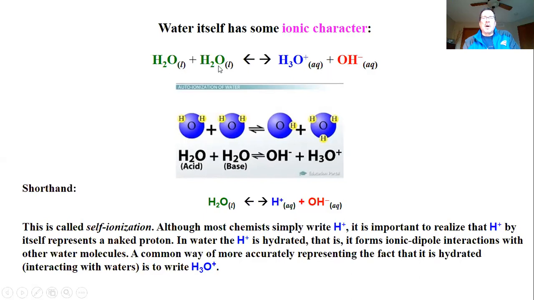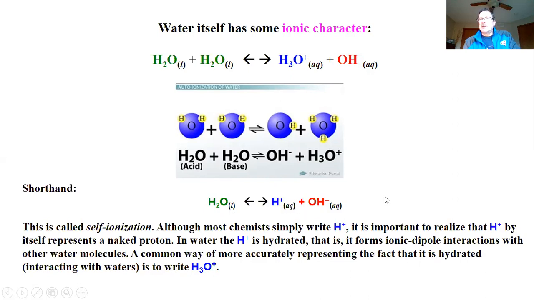Well, with water and water, one of these hydrogens can hop to the other one, and that's called self-ionization. And you get that hydronium ion and that hydroxide, and it shows it here. And this is an equilibrium that is going on rather rapidly, actually, back and forth.